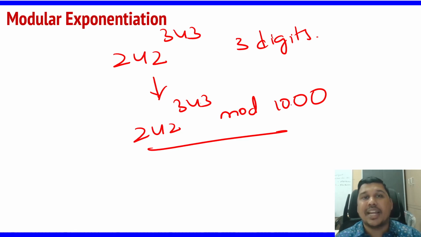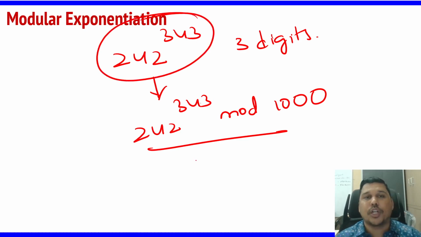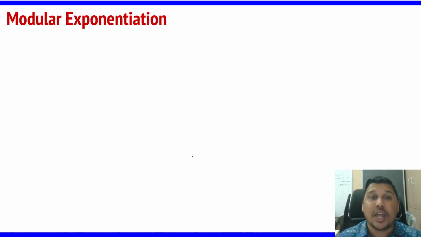For two digits we take mod 100; for three digits we have to take modulo 1000. Whatever answer you get will be the last three digits of this multiplication, 242 power 343. So these are a few problems in modular exponentiation.